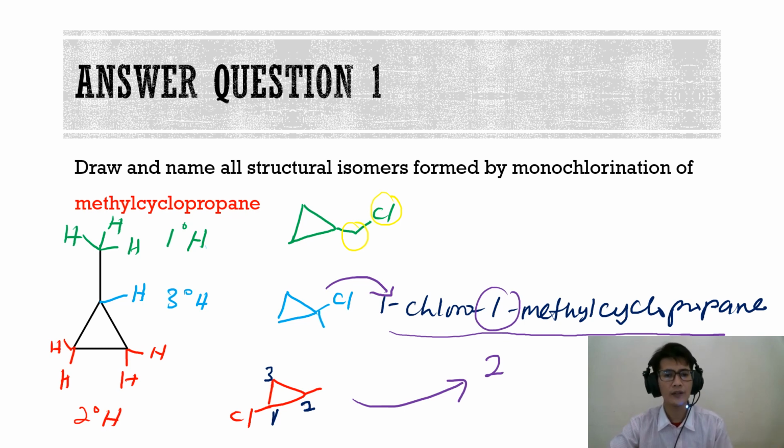So when you have the substituent over the substituent, you need to put the name of that substituent in the bracket. Alright, for example, for this compound, you can write as chloromethyl.